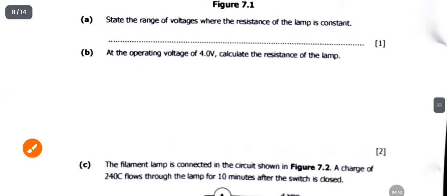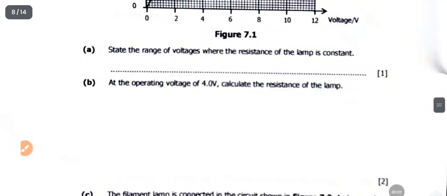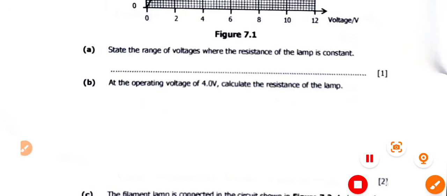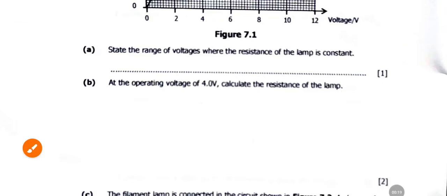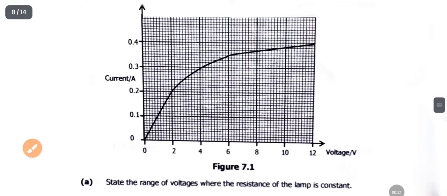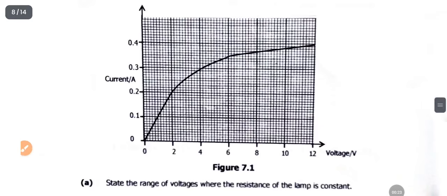Question B, at the operating voltage of 4.0 volts, calculate the resistance of the lamp. Remember, resistance is given by the formula R is equal to V over I. So we simply go to where the voltage is 4.